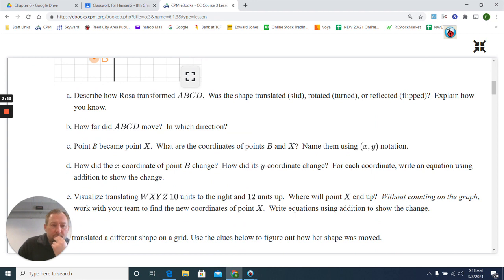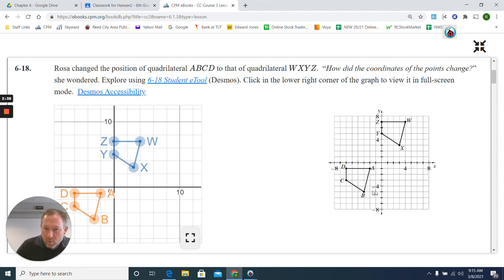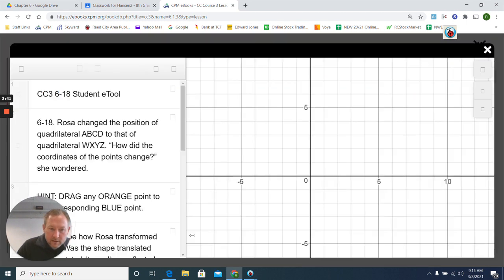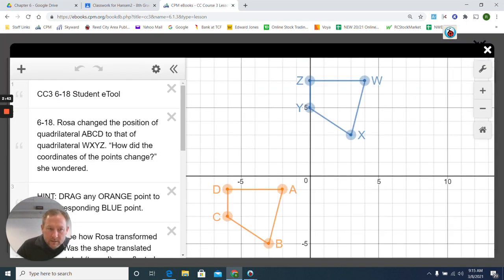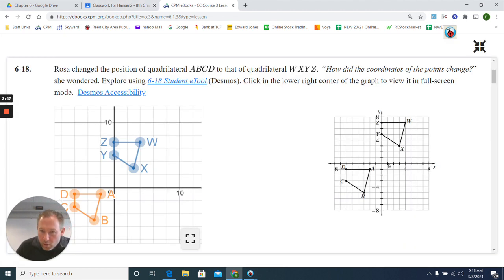Letter C. Point B became point X. What are the coordinates of points B and X? Name them using XY notation. So let's look up here. Point B is negative 1, 2, 3, negative 1, 2, 3, 4, 5.